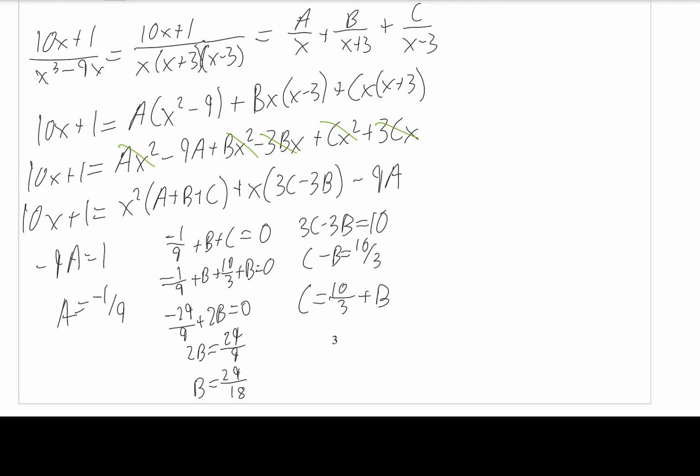Not too shabby. And this should have also been positive 29 over 9, so then this on the right-hand side should be negative 29. Okay, so plenty of mistakes made there. You can kind of start to see how it can be very easy to make little mistakes on these problems.